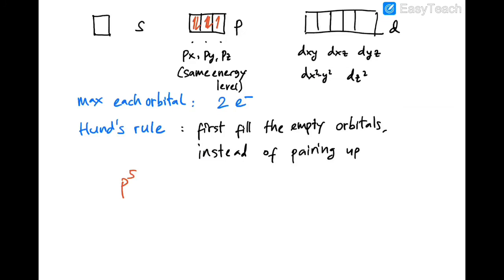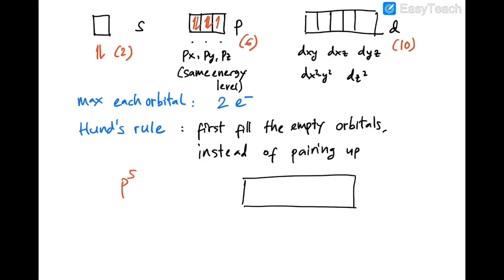The s orbital can fit up to 2 electrons. The p orbitals can fit up to 6 electrons, and the d orbitals can fit up to 10 electrons. Now, there is a configuration of electrons, meaning how we fill up the orbitals with the electrons, that we call half-filled or fully filled.